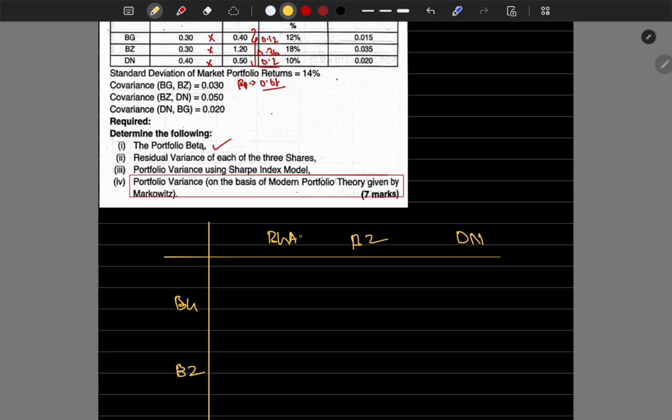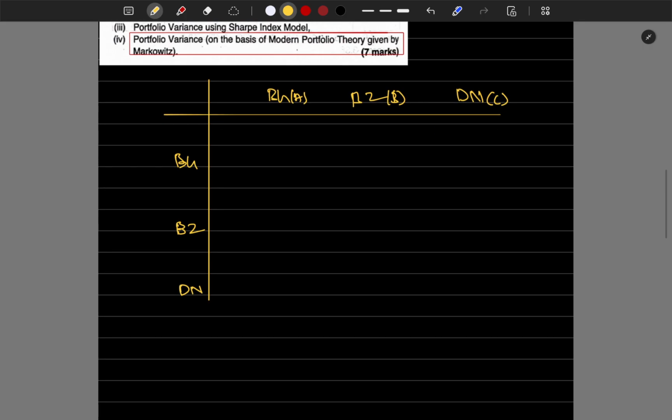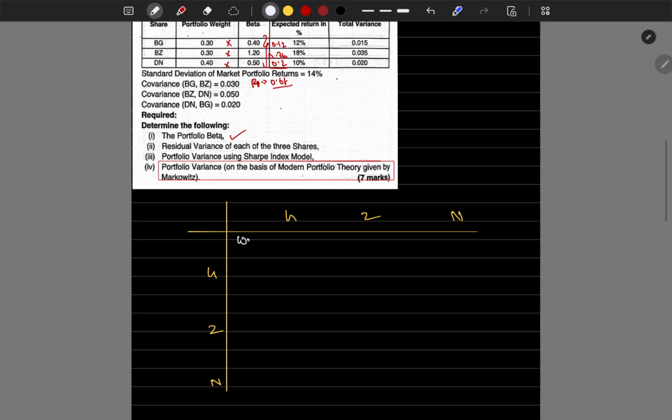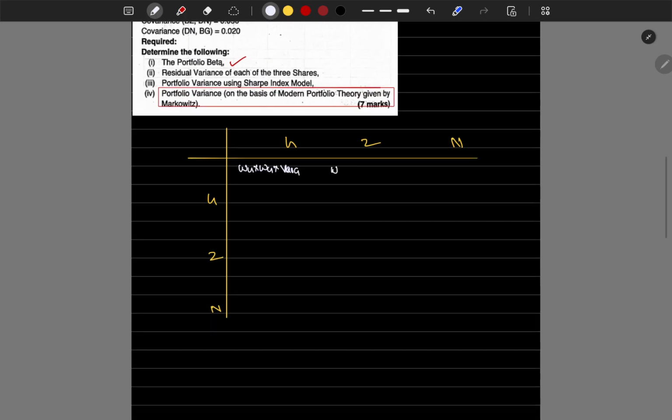Let it be A, B, C. Now, weight of G into variance of G. Weight of G into weight of Z into covariance ZG.